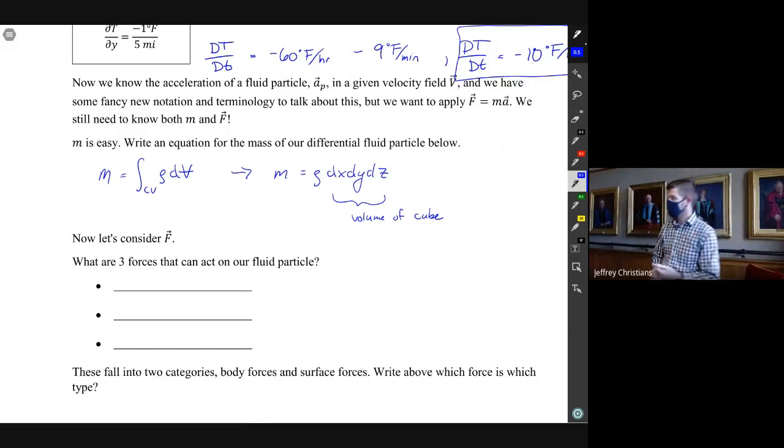Okay, so we're done with mass, and we're done with acceleration.